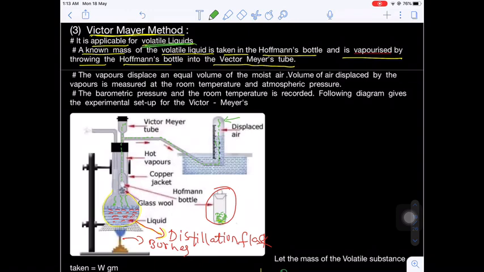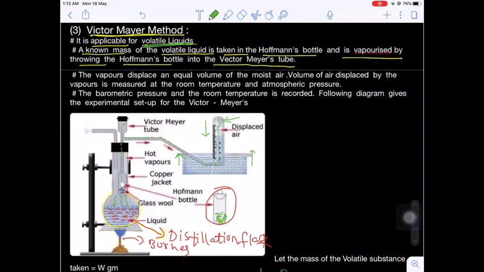That's why the water column on one side gradually decreases, and on the left and right side the water column increases. Now from here we know how much air will be displaced by this vapor. This vapor occupies a certain volume here. The volume occupied is nothing but the volume displaced by the air.